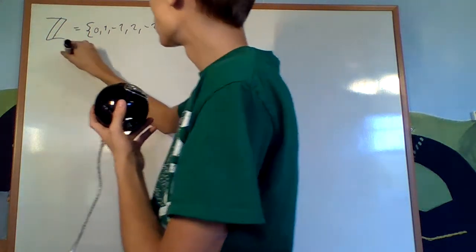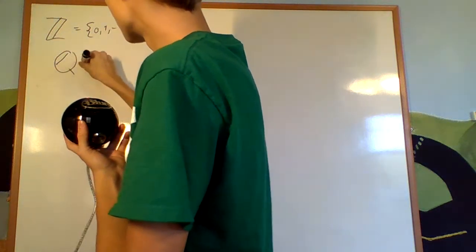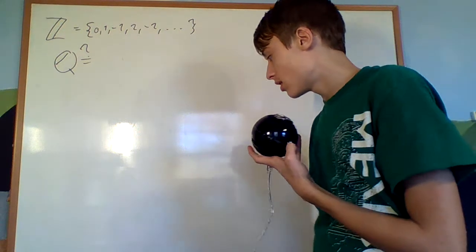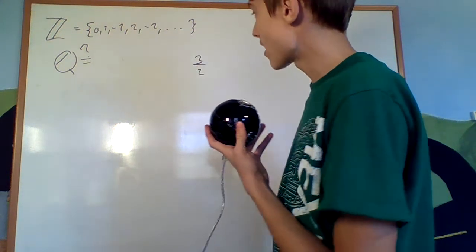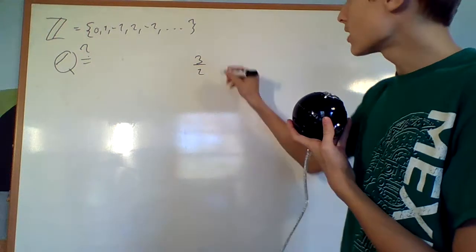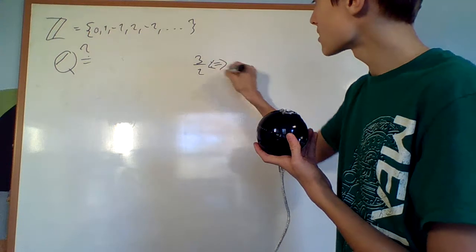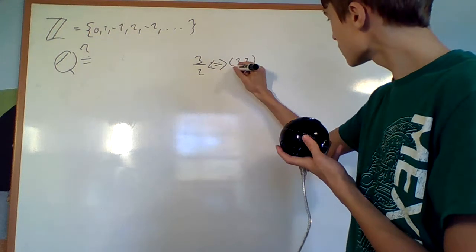So how can I construct the rational numbers from that set? Well, let's look at an example of a rational number, 3 halves. What I can do is assign it to the pair 3 and 2. Right there is going to be the numerator.